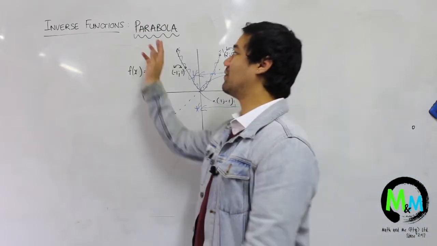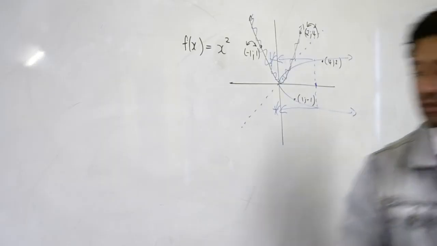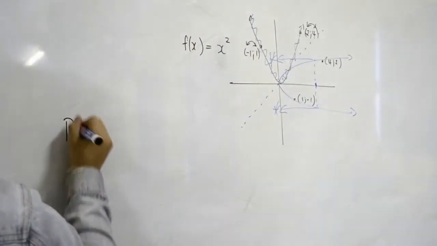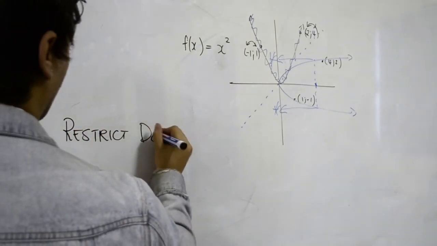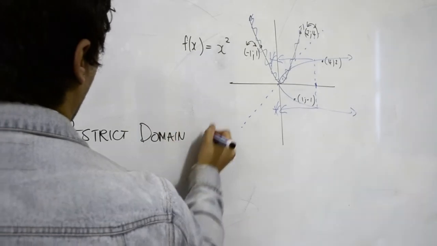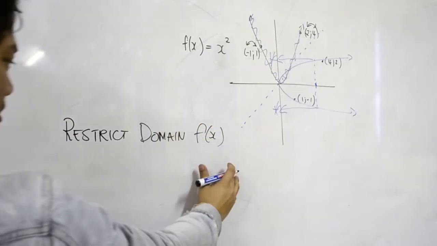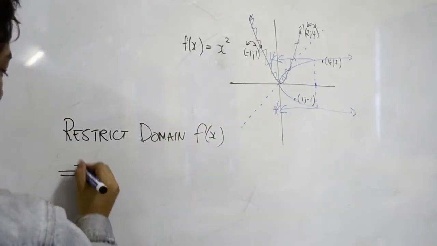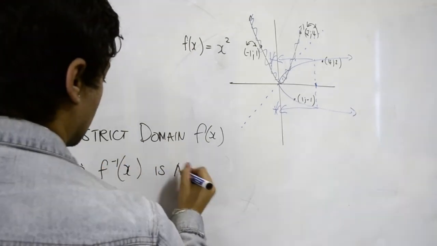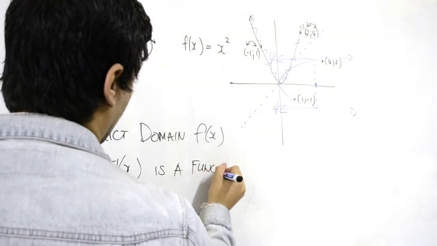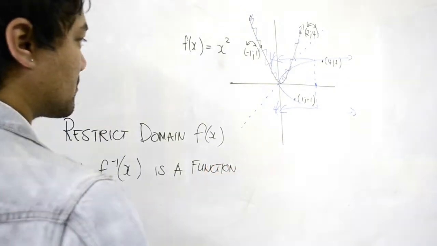So this leads to something very important about inverses of parabolas. We will always need to restrict the domain of the original function to ensure that the inverse is a function. What does that mean?